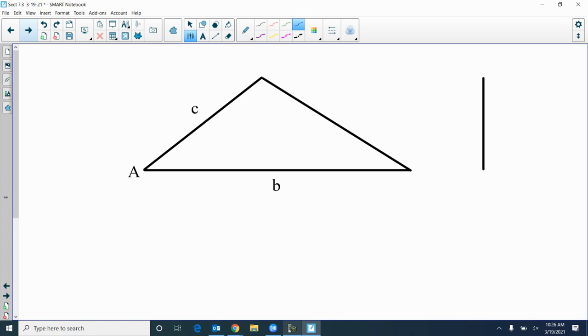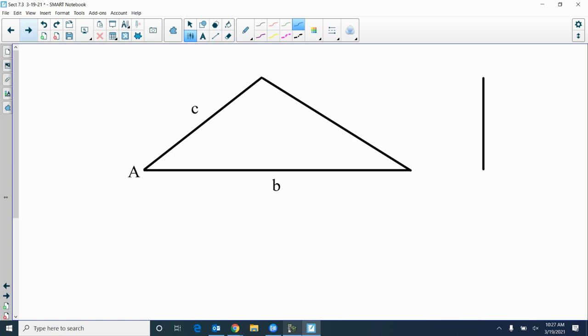Just on that information given, that C, that B, and that angle A, let's come up with the formula for the area of the triangle. One thing you'll notice in this section, they use K for the area of a triangle, because we're going to be dealing with angles, and angle A will be in some of the formulas, so that can be confusing.